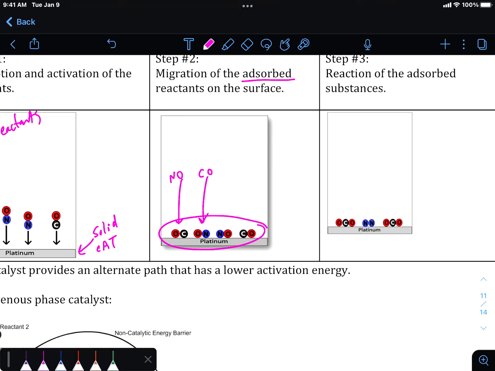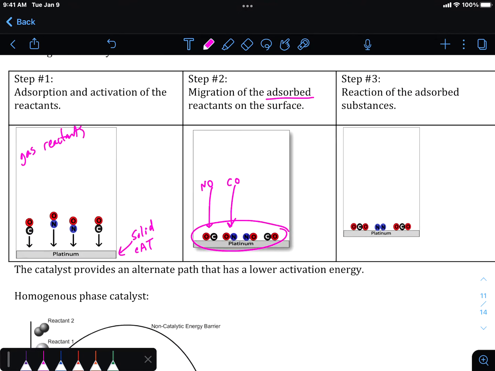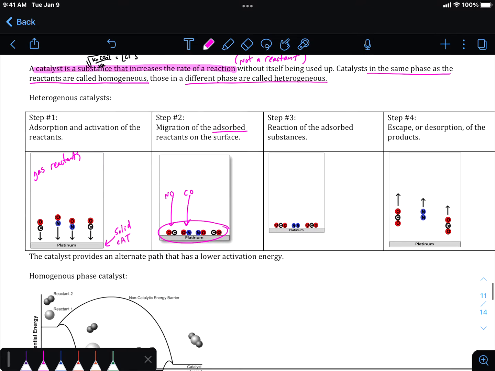Is because they're kind of stood up against the wall and they're flattened there, and that makes for easy collisions. All right, the angle, the fact that they're stuck to it increases the angle of orientation. And then once the products, so these are the products that are formed, and then they leave. They desorb.